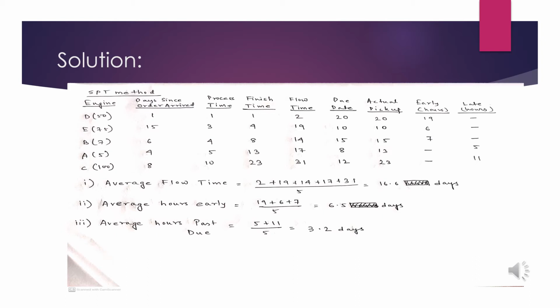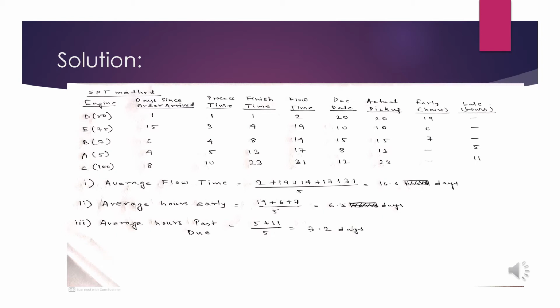Subsequently A will start at 8, the processing time is 5, so the finish time will be 13, days since order arrived is 4, so the flow time will be 13 plus 4, 17. C starts at 13, the processing time is 10, the finish time is 23, days since order arrived is 8, so the flow time is 8 plus 23, 31.